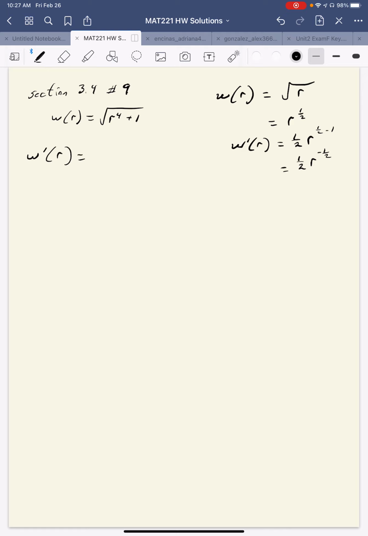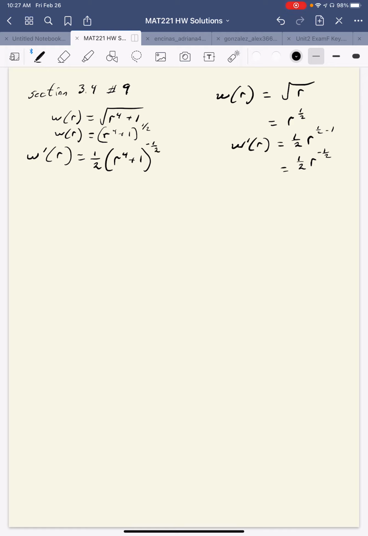So I'm going to first come back up here and rewrite this as r to the fourth plus 1 to the 1/2 power. And then I deal with this. I take my power rule, 1/2 of r to the fourth plus 1 raised to the 1/2 minus 1. So that would be then raised to the negative 1/2 power.